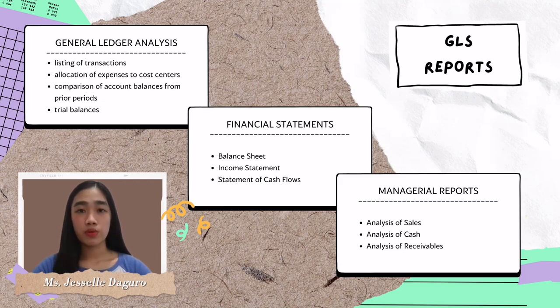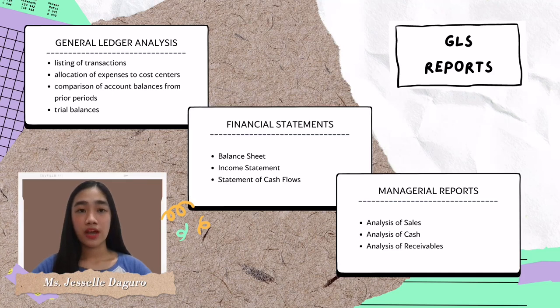Another, of course, the most important reports that we need and expect to be created are the financial statements, especially our balance sheet, or what is now known as the statement of financial position, the income statement or the statement of comprehensive income, and the statement of cash flows.